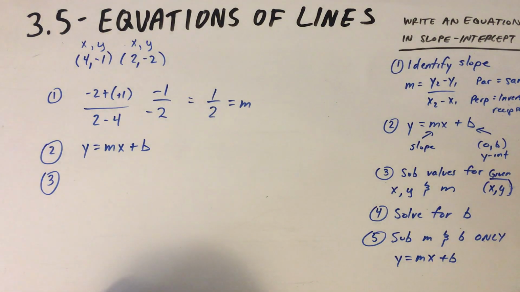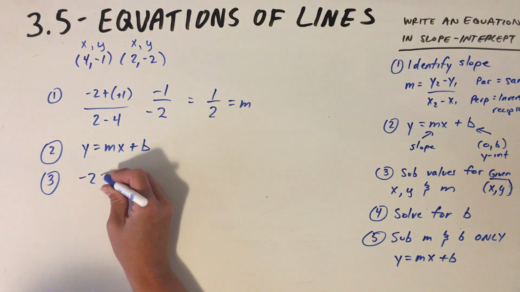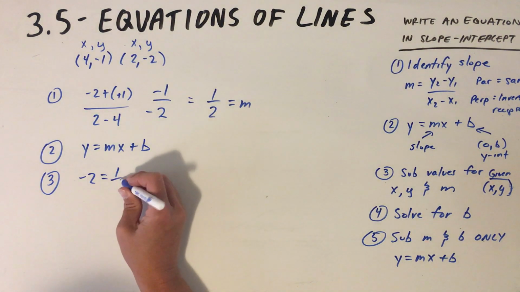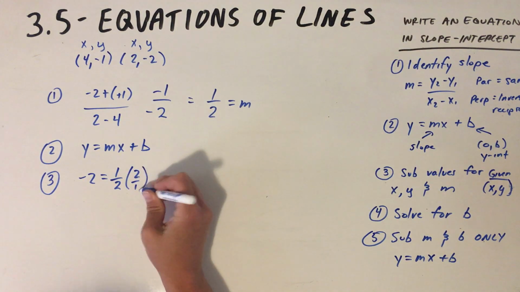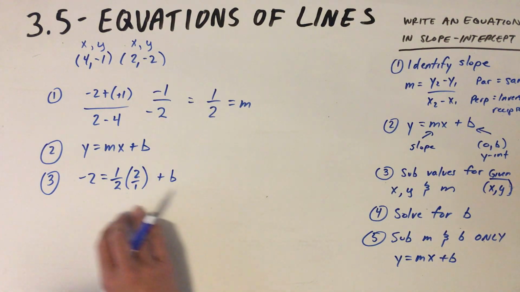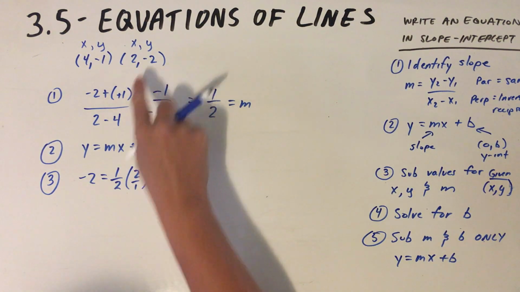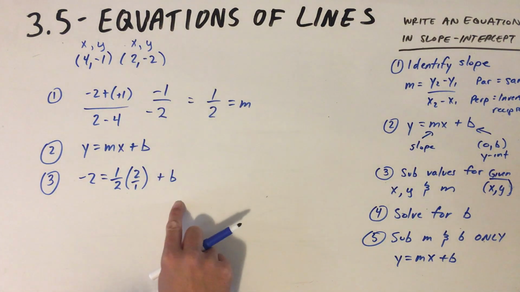So I'm going to use this second ordered pair. My y value is -2, my m value is 1/2, my x value is 2. I'm going to write it as 2/1 just because I'm dealing with a fraction. And the thing I don't know is b. The whole reason I'm substituting y, m, and x is because I don't know b.